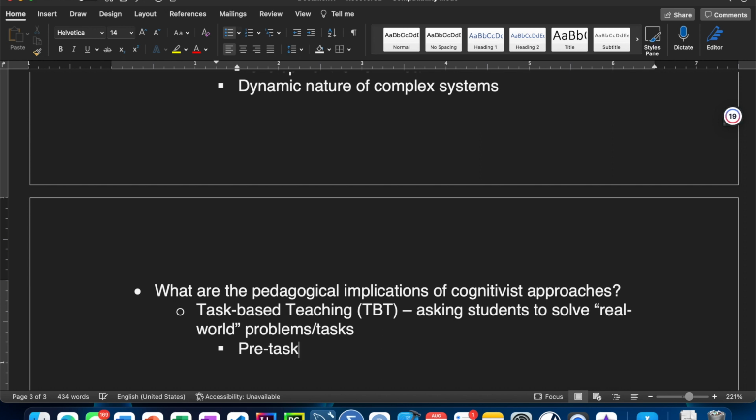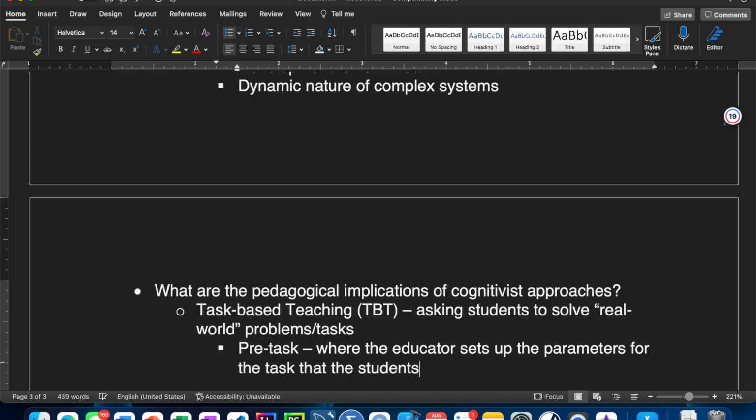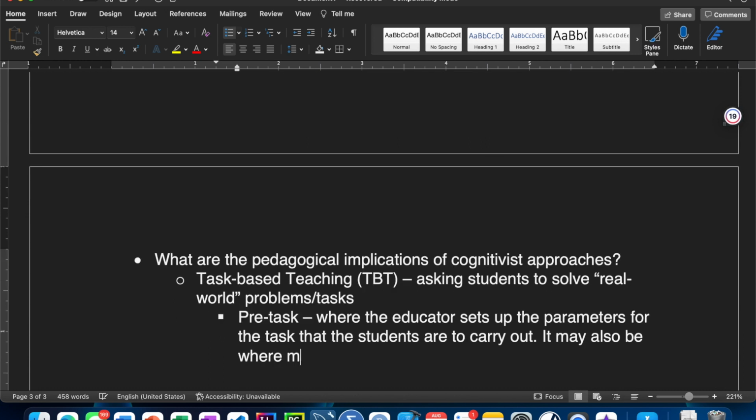We begin with the pre-task, and this is where the teacher sets up the parameters for the task that the students are to carry out. It may also be where much of the scaffolding for that task occurs.